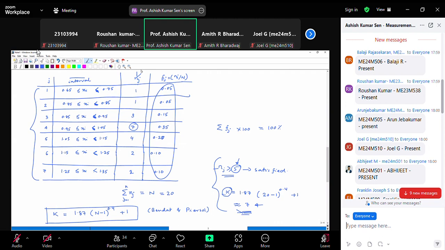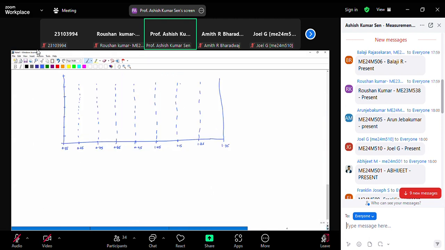So you can put them in histogram form, which I am going to show here. You can see that for 0.95 to 1.05 you have 7, right? So your 7 is here. So you have the histogram, which is represented like this.